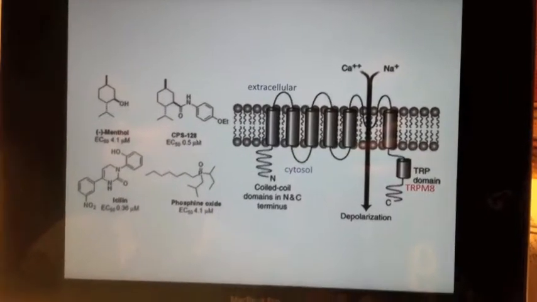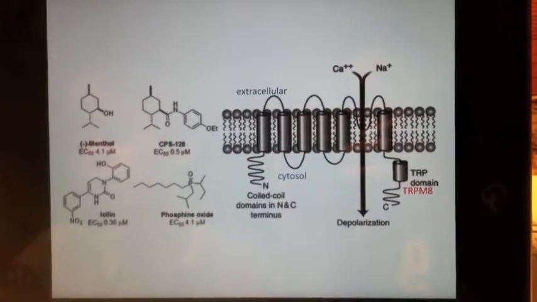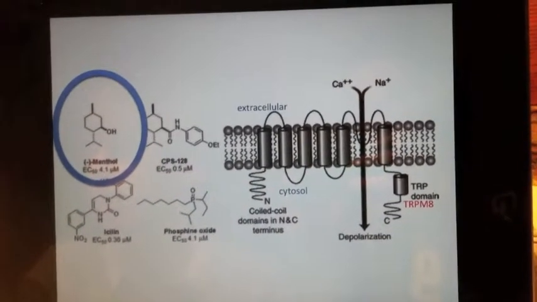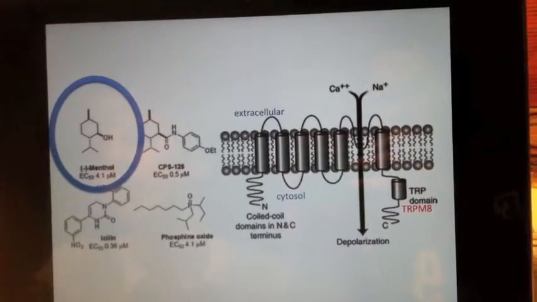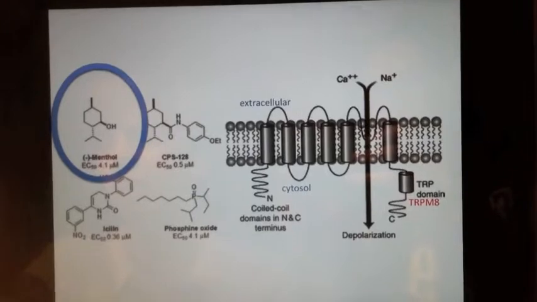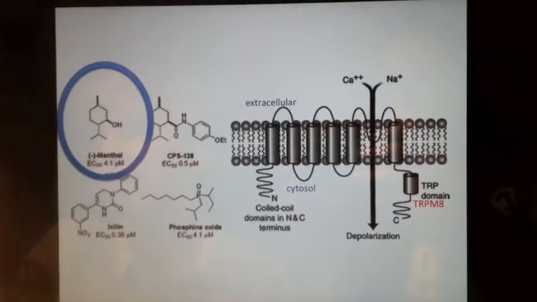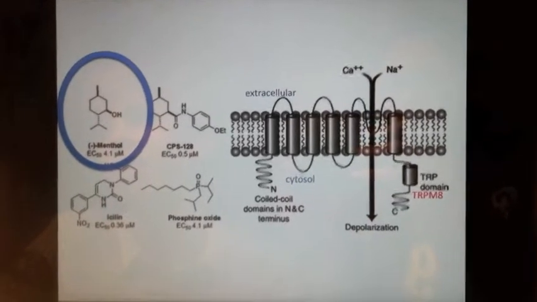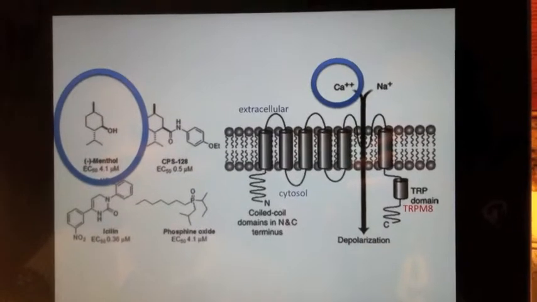TRPM8 is an ion channel for calcium and sodium ions. It is embedded in a nerve cell. Menthol is an activator of this cool temperature sensitive ion channel and inhibits contraction of smooth muscles. The ion channel can be activated by moderate cooling or by stimuli like menthol. When the ion channel is activated, there's an increase in the level of cytosolic calcium, which triggers the cold sensation from the brain.